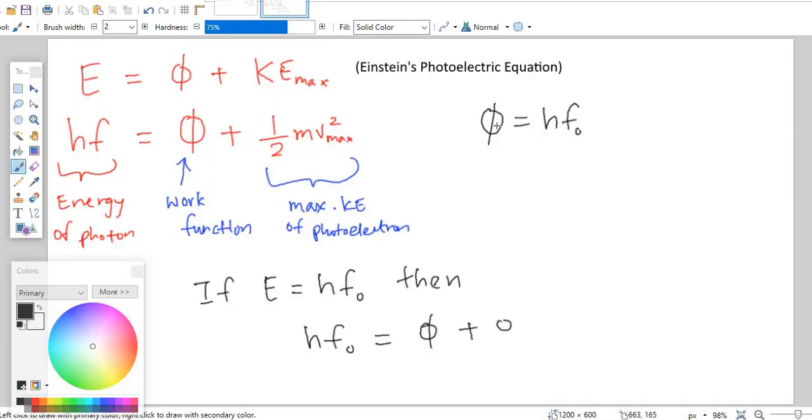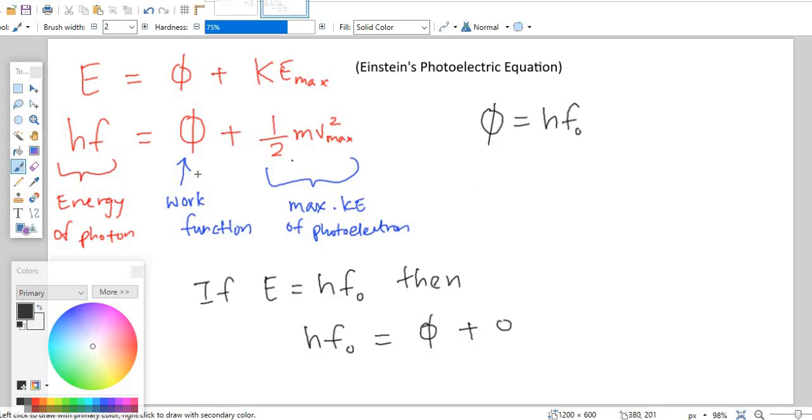All right, so we can rewrite it like this. Phi, I told you, is hf naught. f naught is what we call the threshold frequency. That is the minimum frequency required from the photons to remove the electron. So if it's the minimum energy, then what will happen? The electron will be removed but it will not be moving out of the metal surface, because hf has to be greater than the work function.